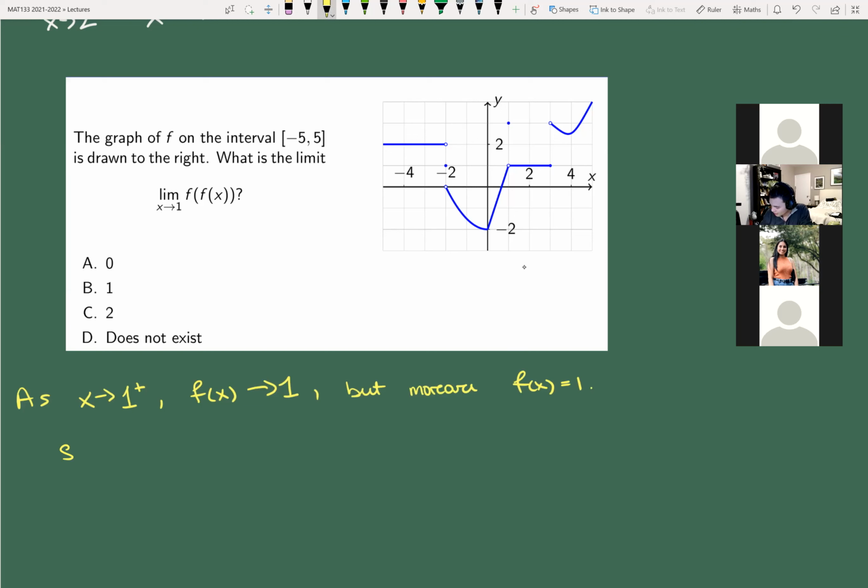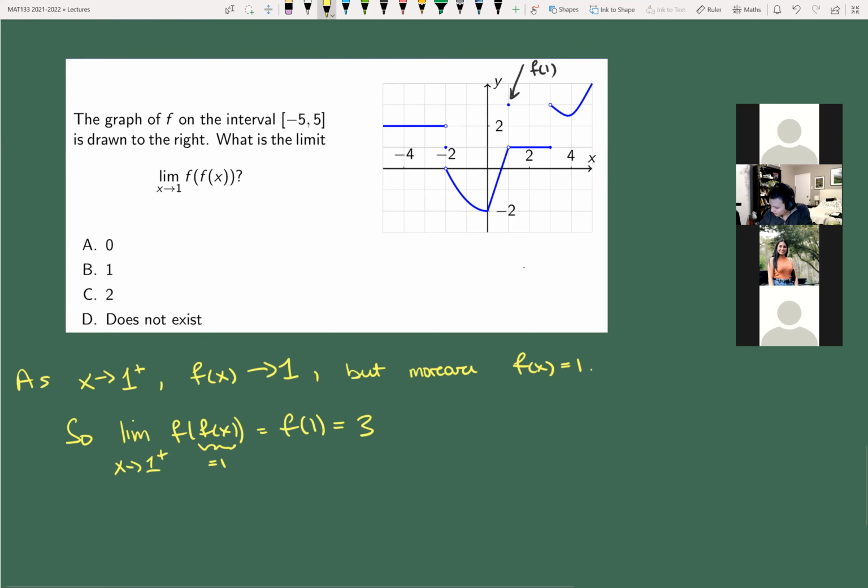So then if I take this and plug this into f of x, we said this thing is actually equal to 1. So I'm going to get f of 1, and f of 1 here is equal to 3, right? Because 3 is this number right here. That's f of 1. Okay.